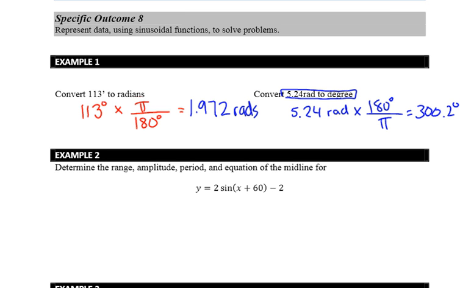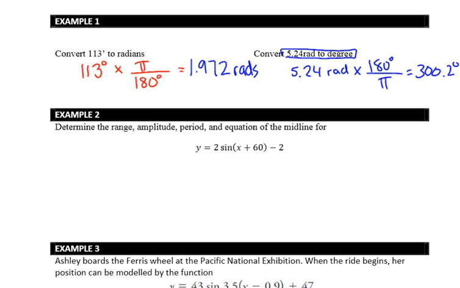It says determine the range, amplitude, period, and equation of the midline for the following. So let's start with, in order to get the range, what do you have to know? The range is always between what two values of y, right? So if you have a sinusoidal, what would I need to know the range? The max and the min.